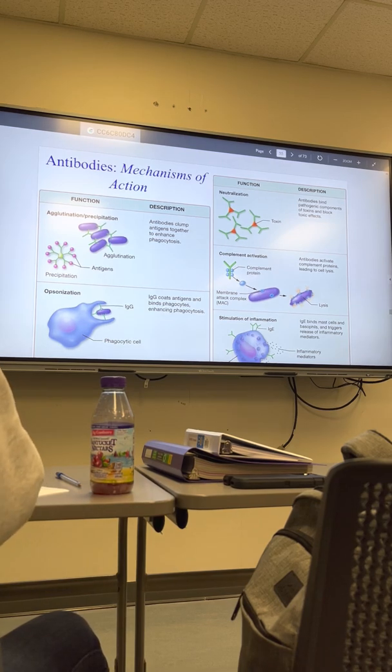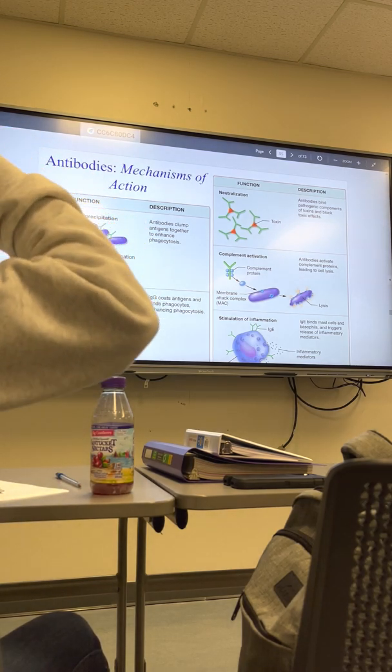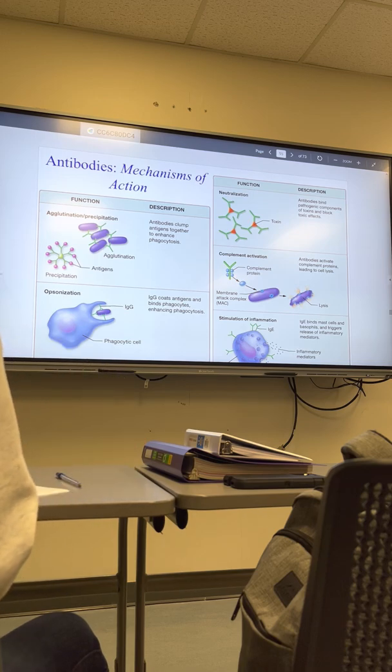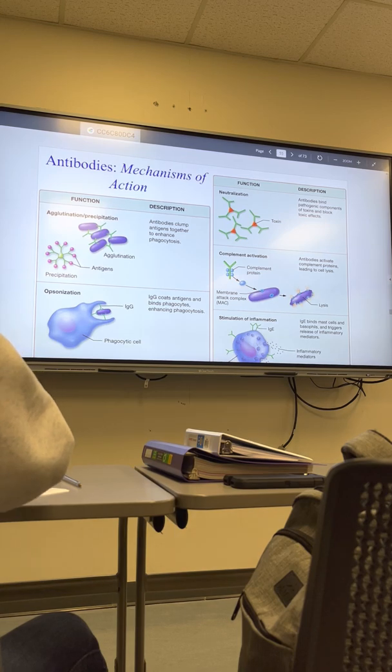If we can cover these antigens, whatever they happen to be, a virus or a bacterium, or for example a little toxin, with a coating of antibodies, then that's going to prevent it from getting to the receptors that would allow it access to a cell. Or if it's a toxin, it prevents it from interacting with the neurotransmitter receptor that it is duplicating or whatever.